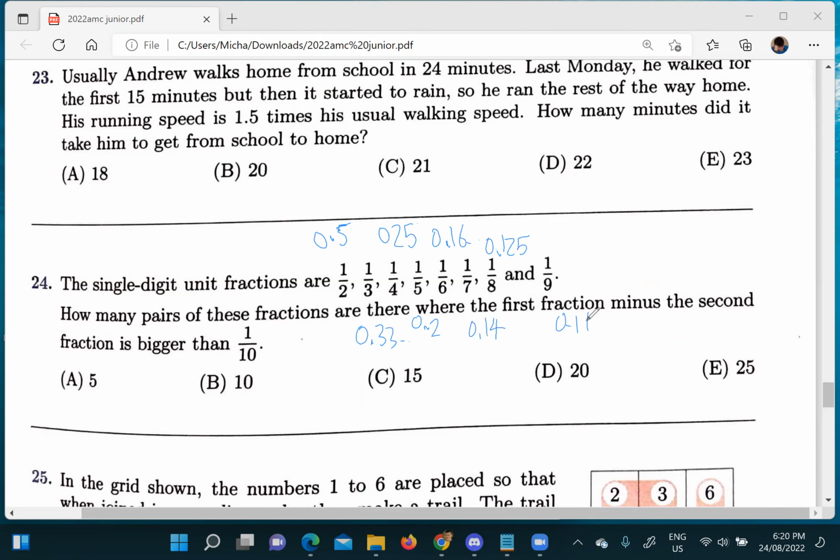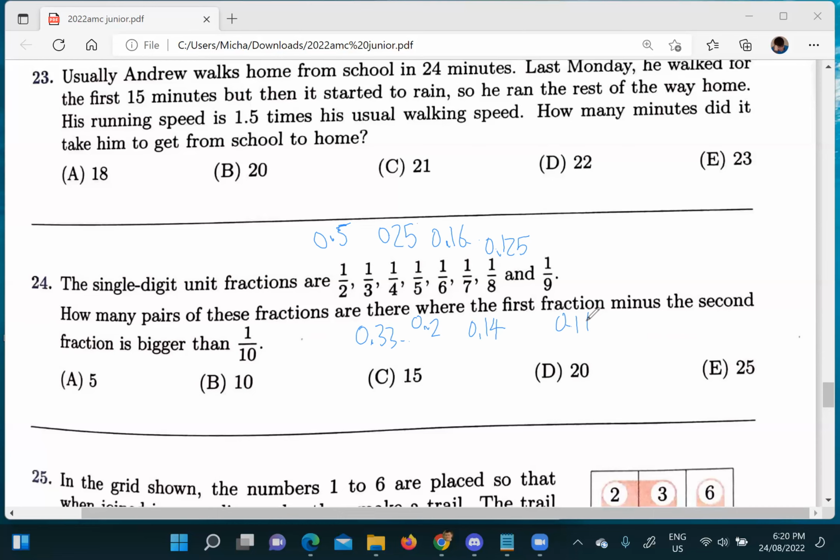So you can see if 0.5 minus a third is bigger than a tenth, yeah? Then all the other ones are going to be bigger than a tenth, right? Because the closest one is the one that's going to be the hardest to get, right?